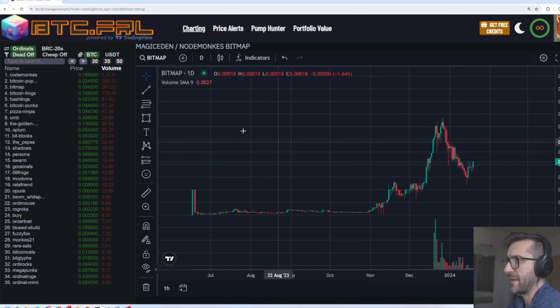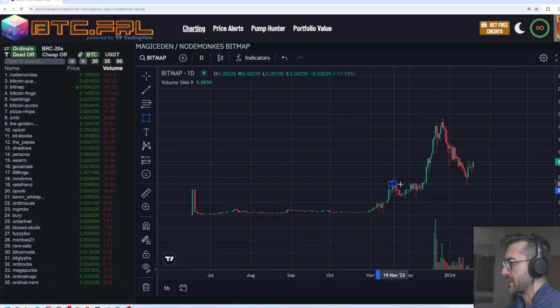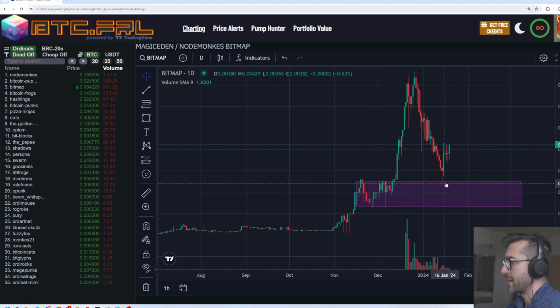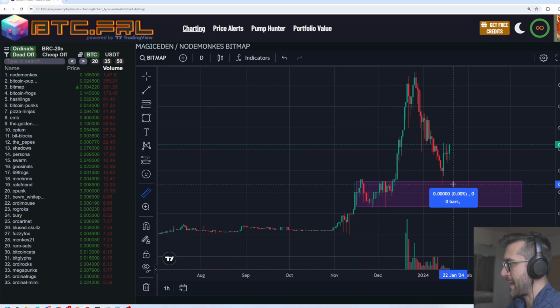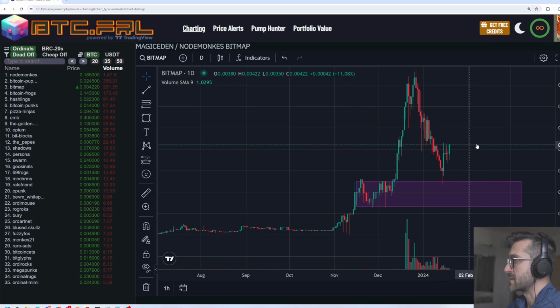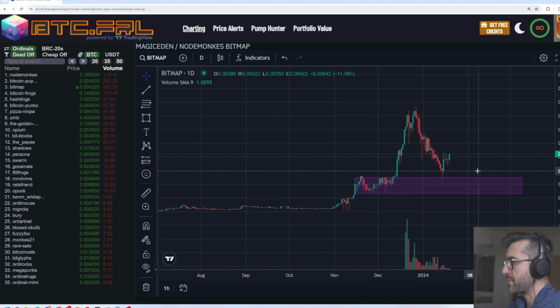You can mark out levels for potential entries, like right in this area. Not many people know about this tool, but as you can see, it worked perfectly. When price reached this key level where there was previous support, price bounced hard from it and was up like 80%. So very powerful, this one.